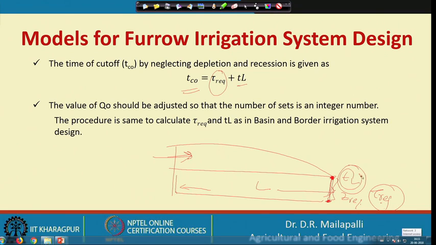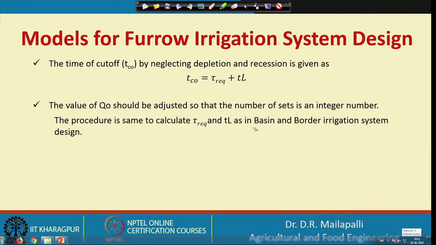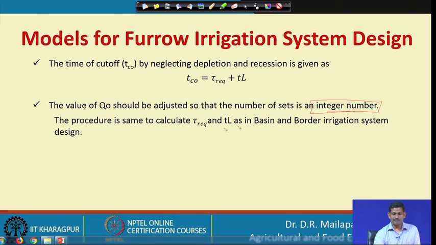So, T L plus the extra time will be the cutoff time. The value of Q naught should be adjusted so that the number of sets is an integer number. We are going to see these calculations in the next example.